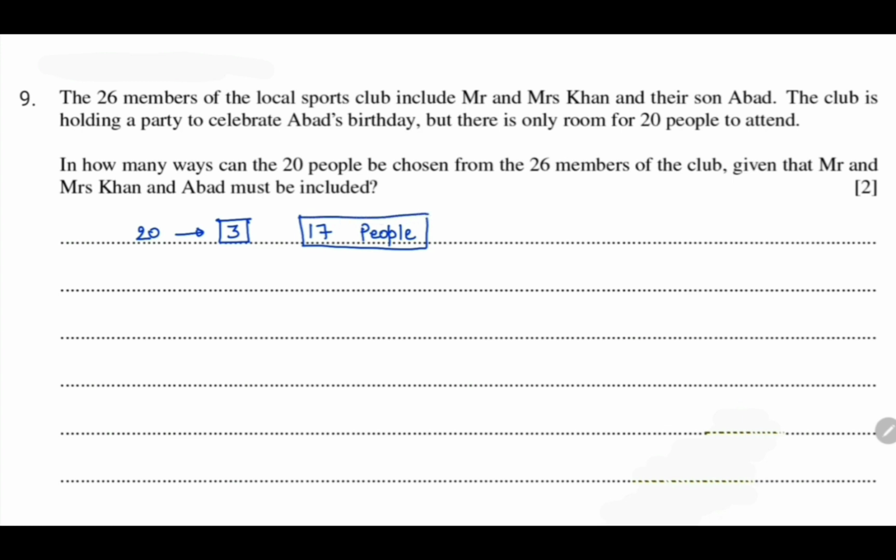There are 26 members of the local sports club, in which Mr. and Mrs. Khan and Abad are also included. Excluding them, we have 26 minus 3, which is 23 members. So now we have to select 17 more people for the party out of 23.